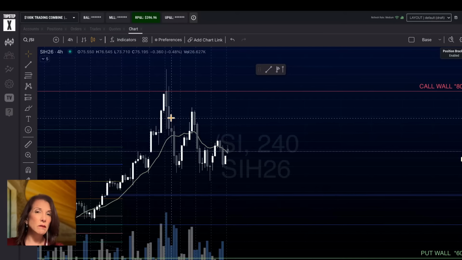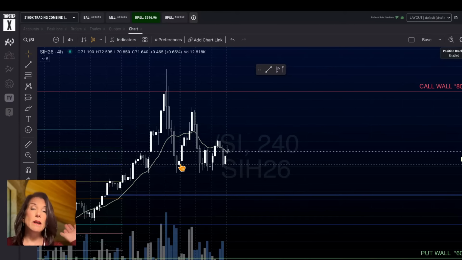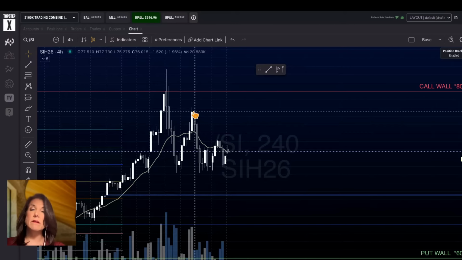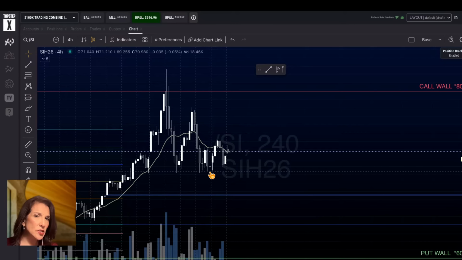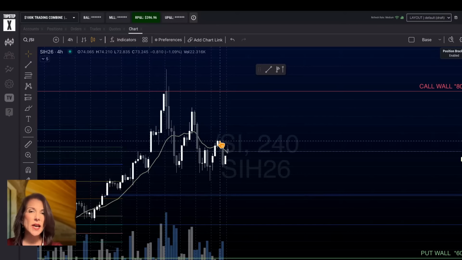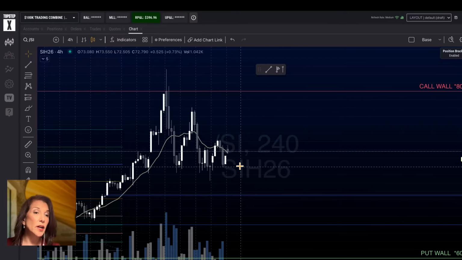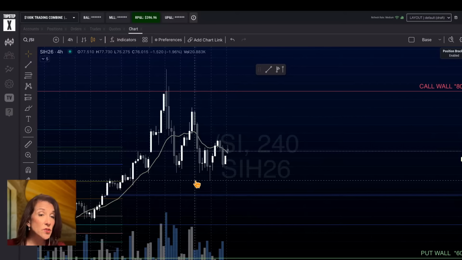CME comes in right around here, intraday, changes margins, then it spikes again, but the rotation is tighter. And now it spikes again, and the rotation is tighter. What they're trying to do is stabilize the price.